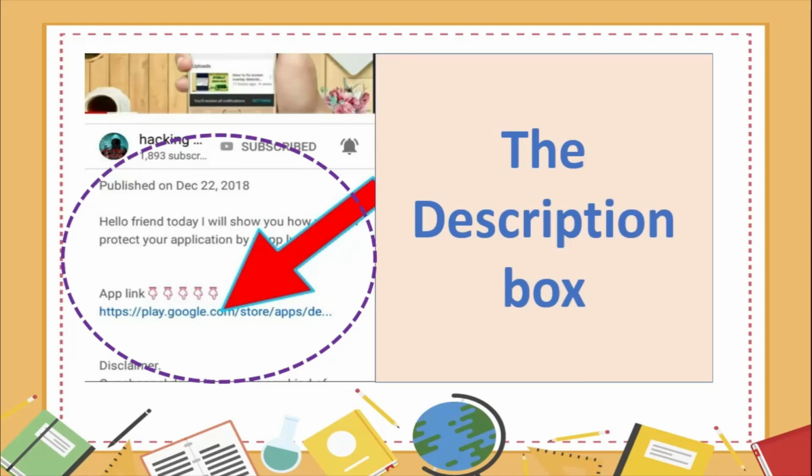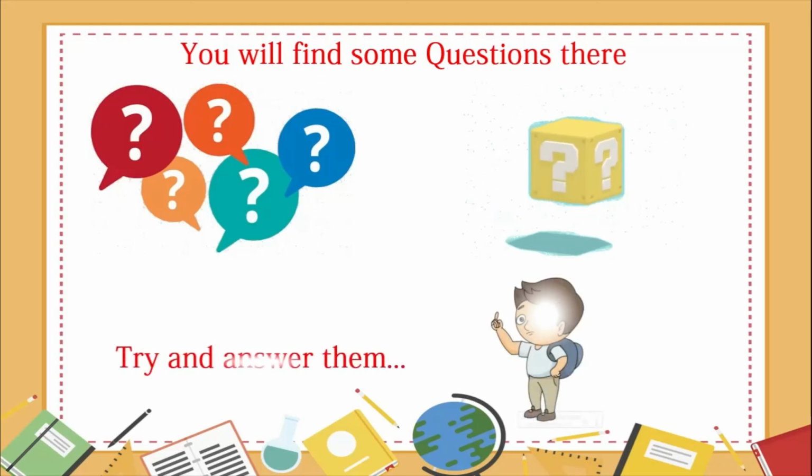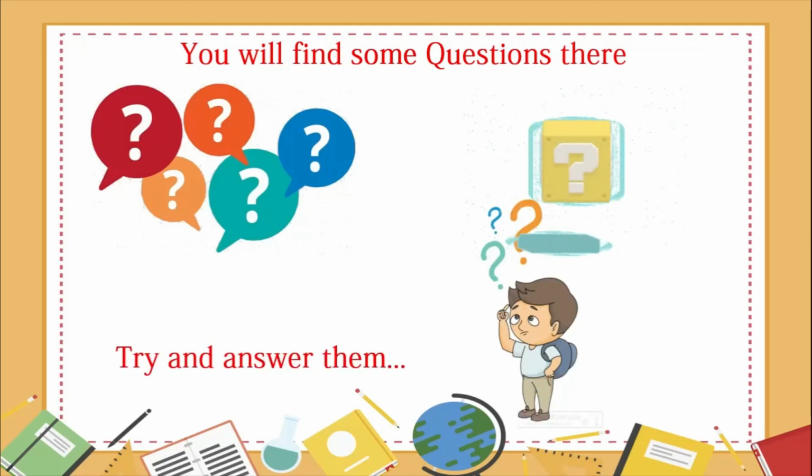After you go to the description box, you will see that there are a few questions there. These questions are about the lesson that we just learned or the video that you just watched. You will think back properly about the lesson and you will try and answer these questions and note down the answers in your notebook if you want.